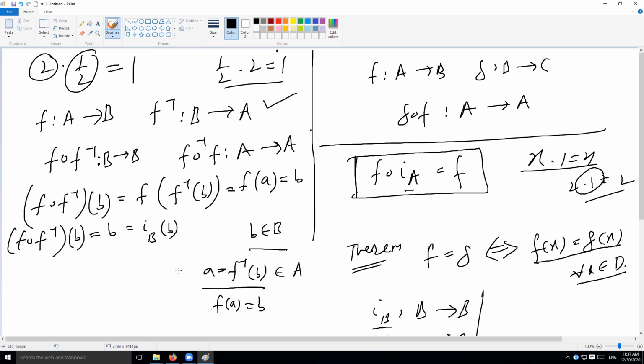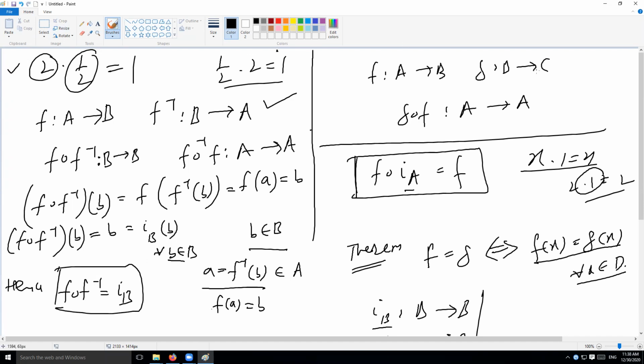So this is true for all b in B. No matter what b you choose, f composition f inverse is going to spit out b, and identity of B is also going to spit out b for all b. Hence I can say that f composition f inverse is equal to the identity of B. So this is something similar you have.